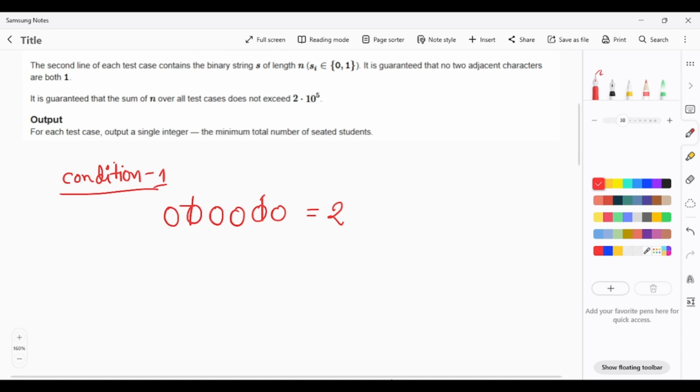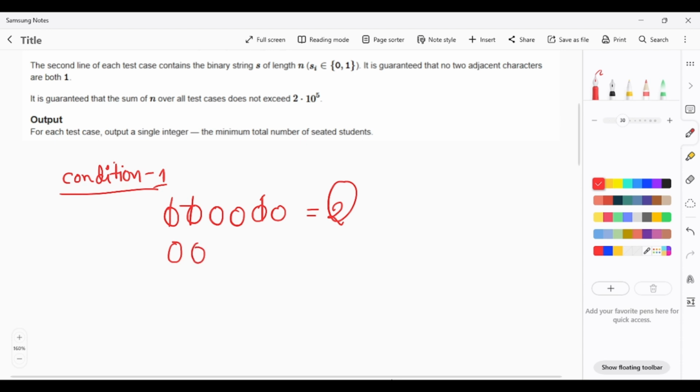So we have reduced the number of students. We could have added one student here, but it will increase the total number. So we will add here, and then after 2 positions we will add another student here, and that's how we reduce the number.